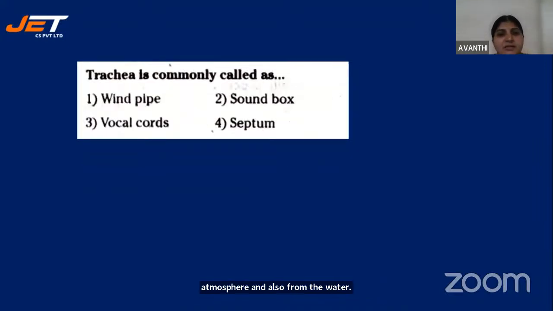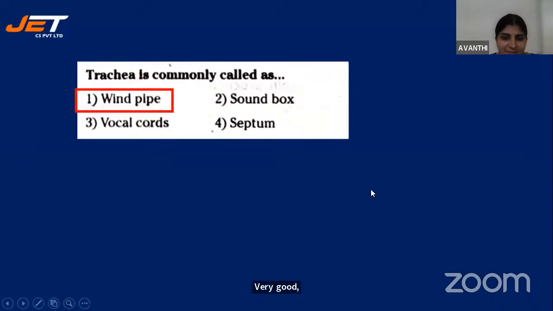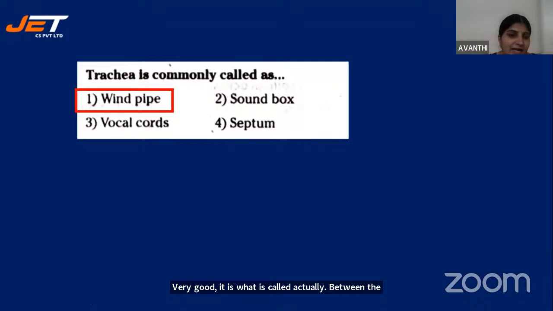Then, trachea is commonly called as windpipe, sound box, vocal cords, or septum. What's the answer? Yes, Monica, very good. Yes, Gayatri. Yes, Rohini. Very good. Avinash. Yes. It is what is actually called the windpipe. Windpipe is a common name for the trachea. And one more thing you may get from the trachea, children.